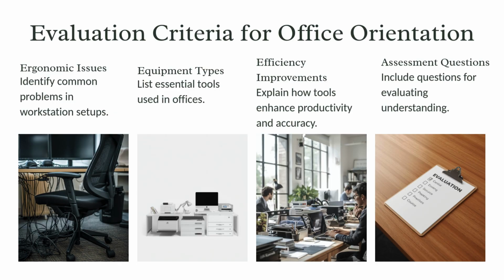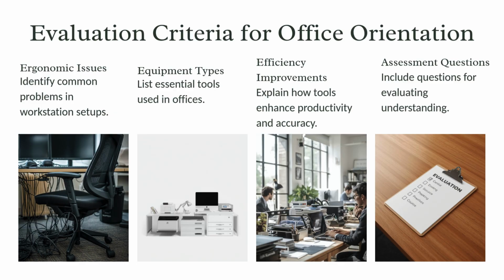Evaluation criteria for office orientation. So the activity that I want you to focus on in pairs: number 1, identify 3 attitude problems. Number 2, suggest 2 attributes that employees should develop.